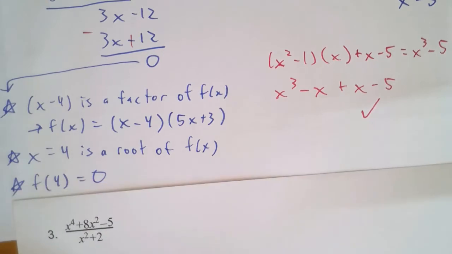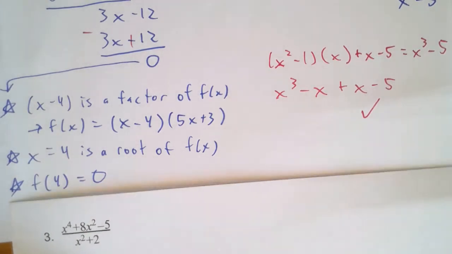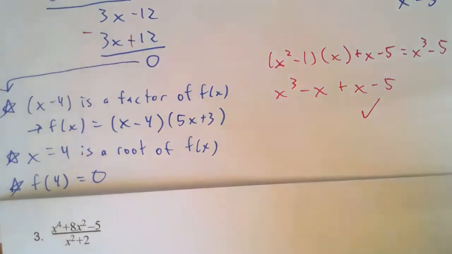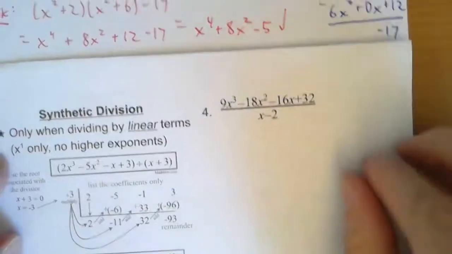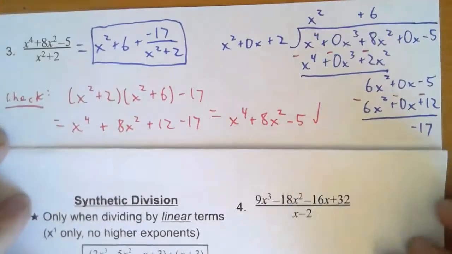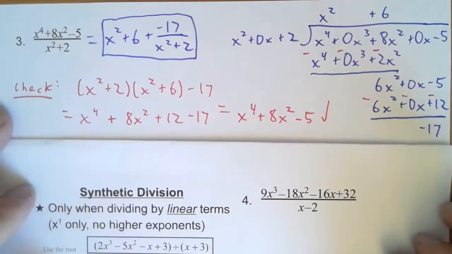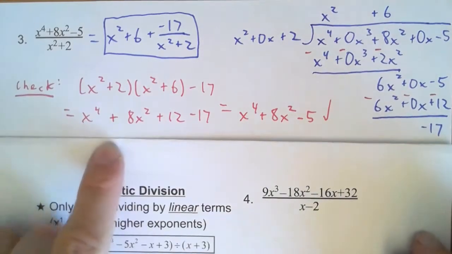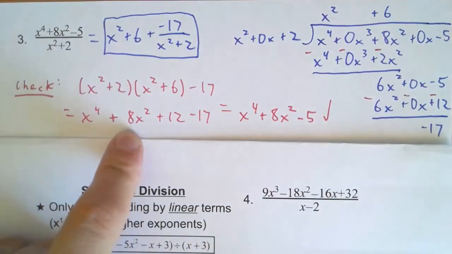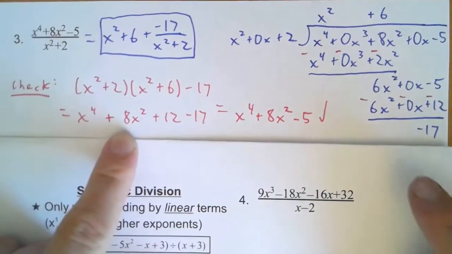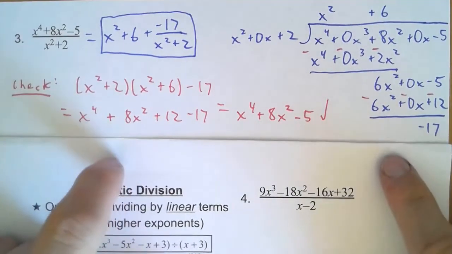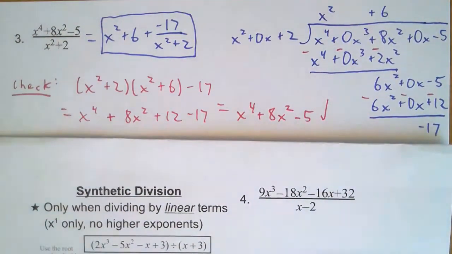Go ahead and give that a try. And you could have checked your answer yourself. Maybe some of you did that, but you can also check your answer here on the paper. Again, just watch out for those missing terms. Putting in those 0 placeholders can help you out.